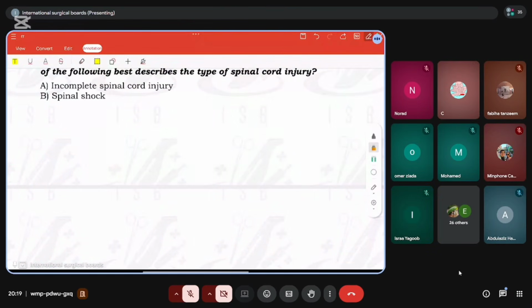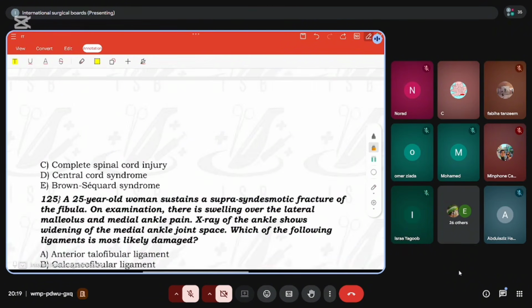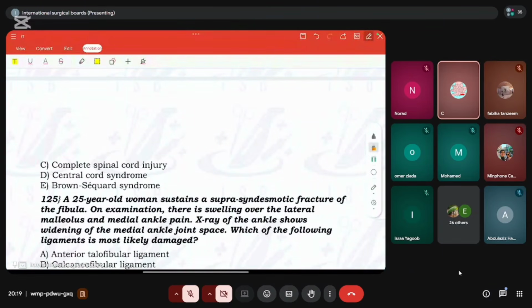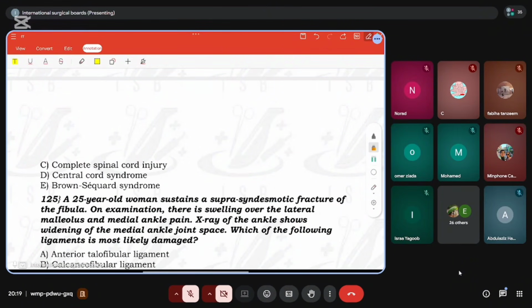Okay, so we have incomplete spinal cord injury, spinal shock, complete spinal cord injury, central cord syndrome, Brown-Séquard syndrome. So I think it's C, complete spinal cord injury. Yeah, very excellent. Very nice.